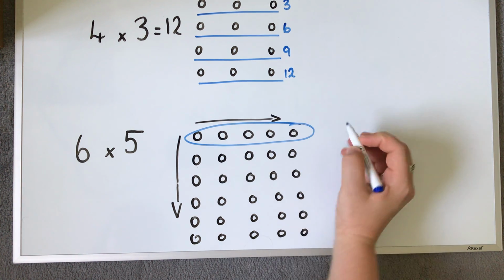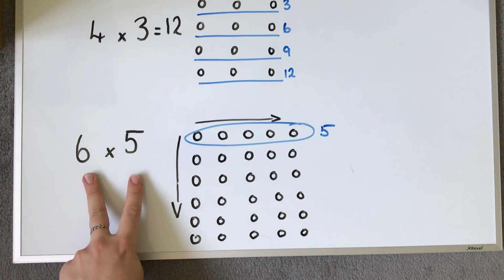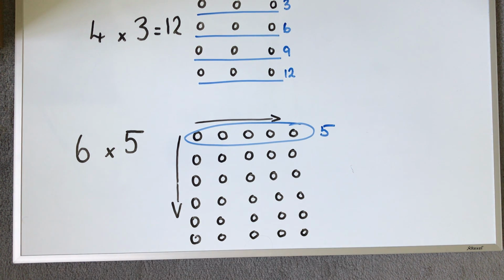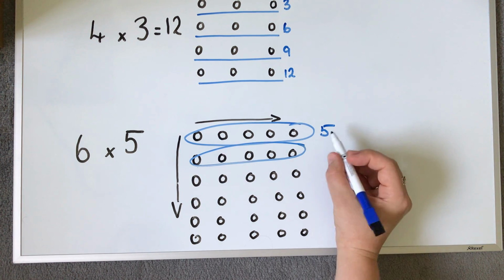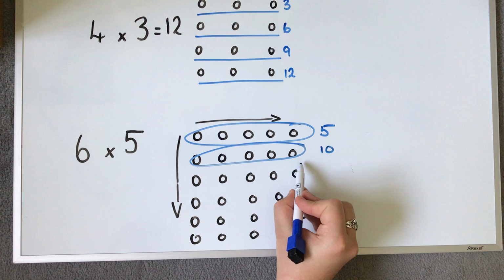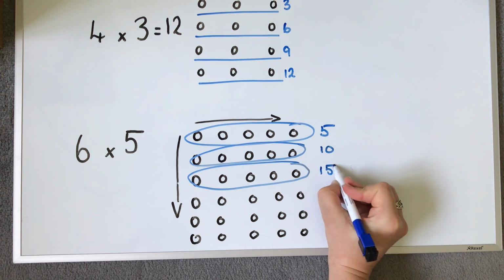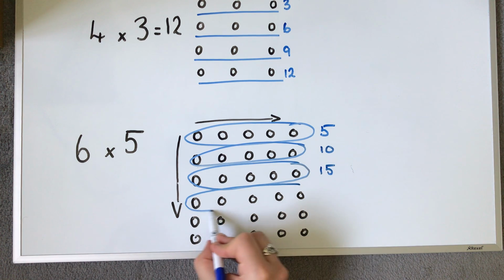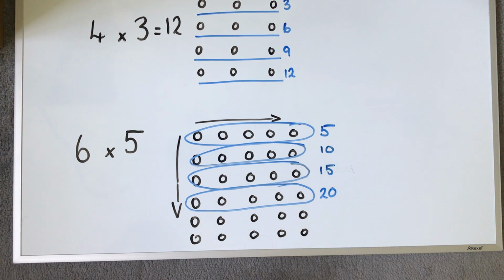So we know that each row gives us 5. Shall we see if we can count in our 5s to find out what our sum 6 times 5 is? So we've got 5. Second row would give us 10. The third row would give us 15. The fourth row gives us 20.